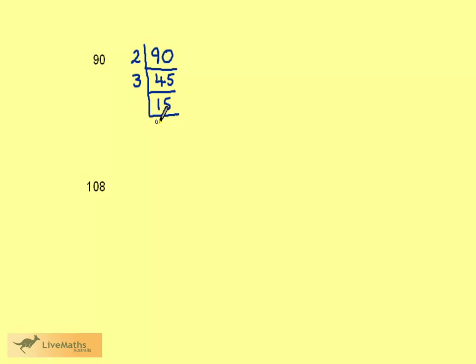Once again, 15 will divide by 3. If we divide 15 by 3, we get 5. 5 divides by 5, giving us 1. We stop the process when we get to 1.